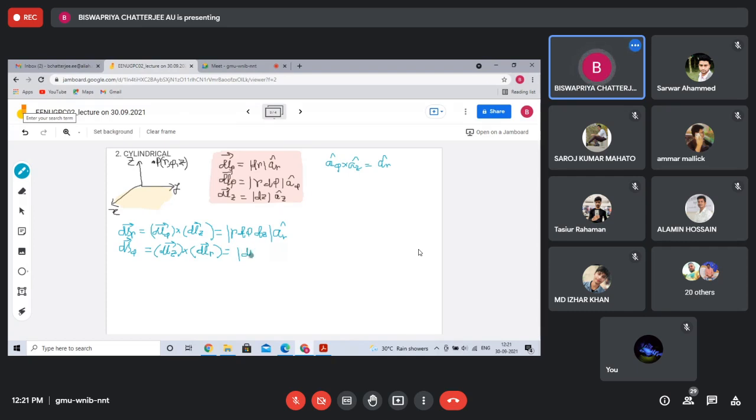The magnitude is dr dz, and the direction is az cross ar, which is equal to a phi cap.